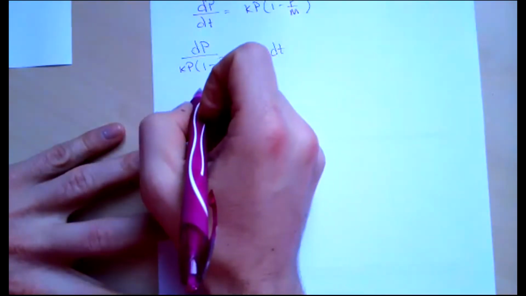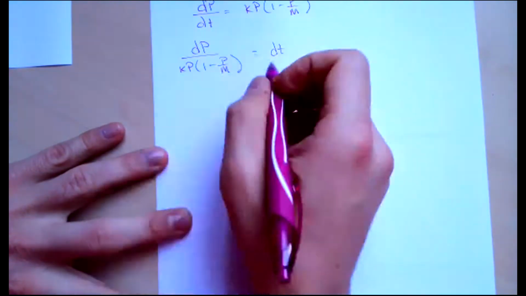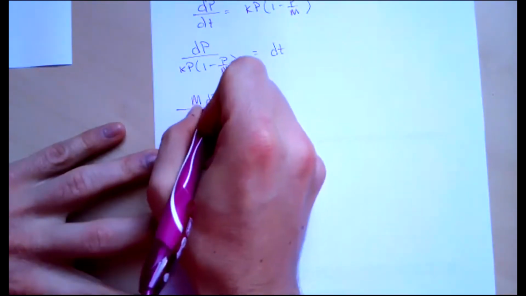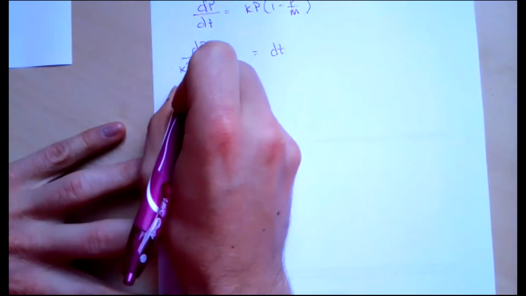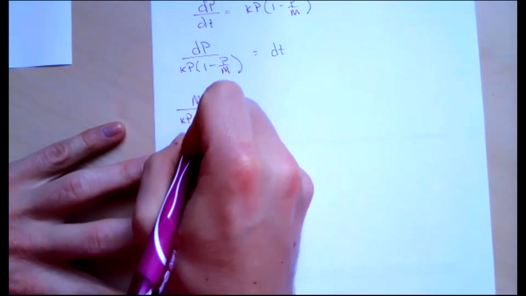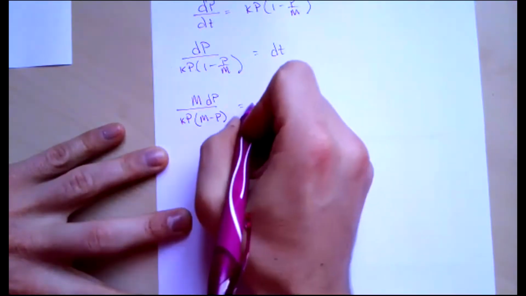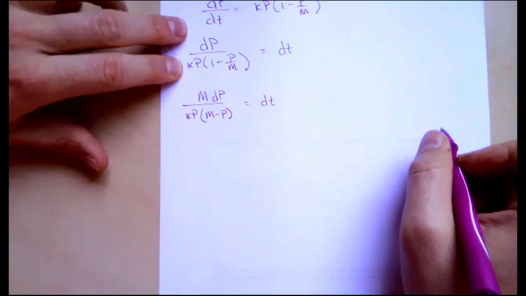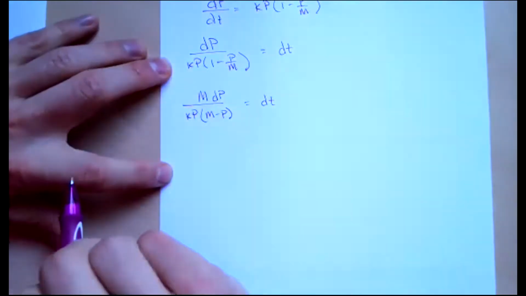And of course, we want to simplify this guy. One thing we can do is multiply by M over M. So if I multiply an M by the bottom, I can distribute it. And it'll look like that. So I have M over M in the numerator, and of course, I can move the M and then distribute it through that guy.